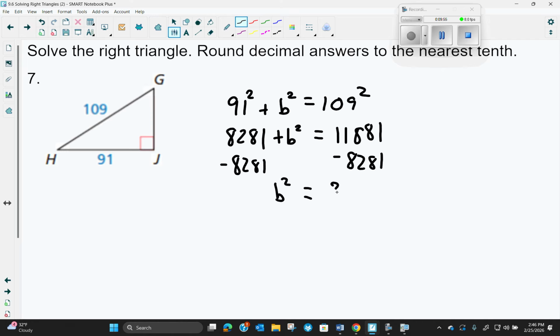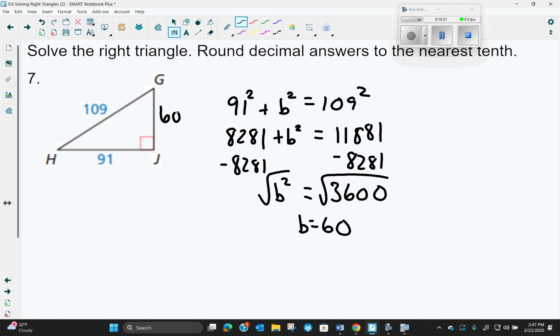3,600. Oh, nice. Square root of both sides would be 60. So there's our missing side. And I prefer to use the tangent all the time, just stick with it, since I got all three sides.